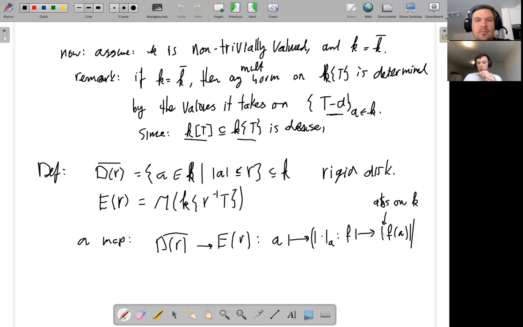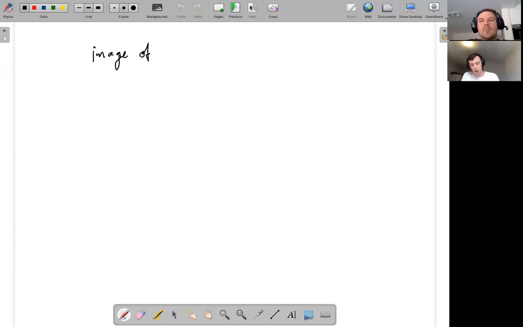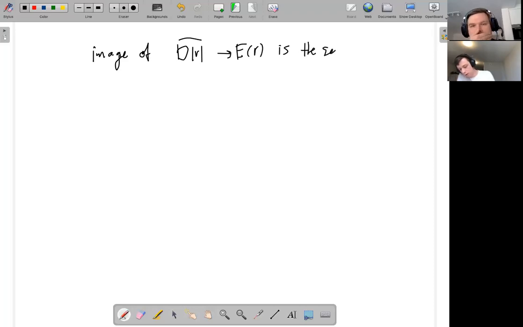And of course, this is the case here. Okay, so the image of this map is a set of type 1 points. So this is the definition.